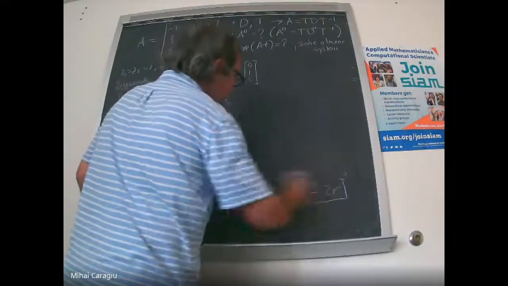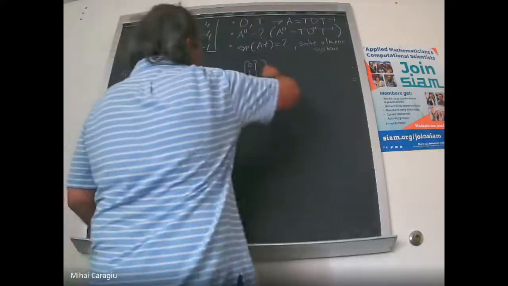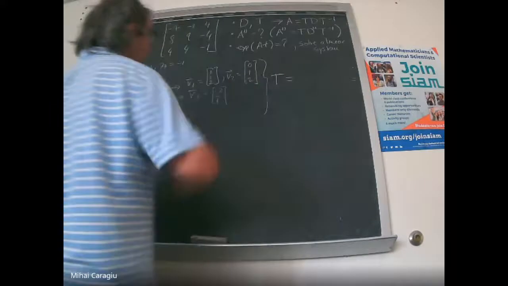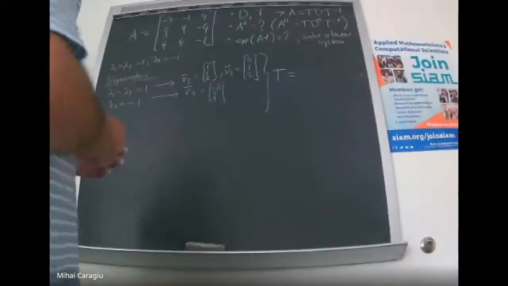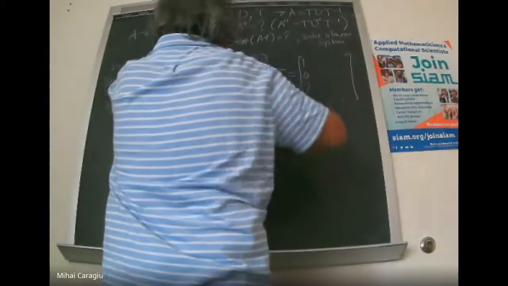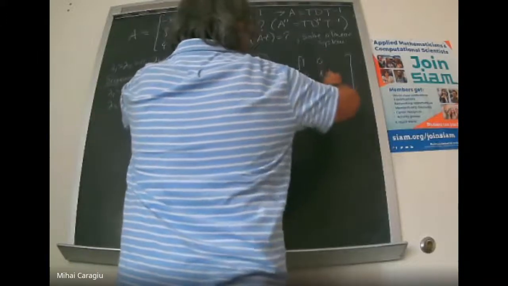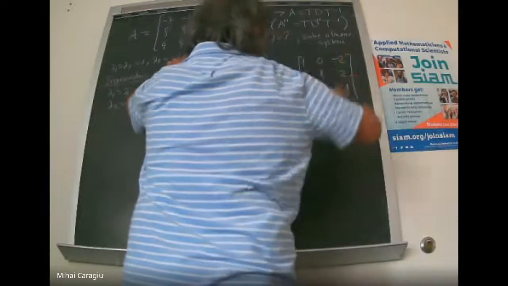So we got 3 eigenvectors for a 3 by 3 matrix, which makes it diagonalizable. The diagonalizing matrix T is obtained by putting the eigenvectors as columns: the matrix with columns 1, 0, 2, 0, 1, 2, minus 2, 2, 1.